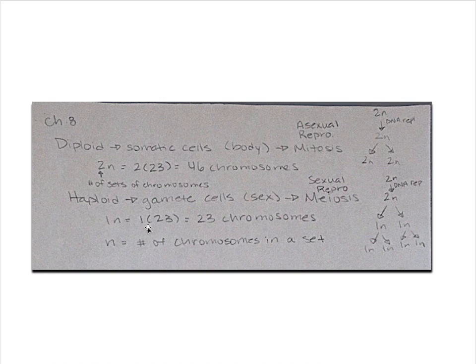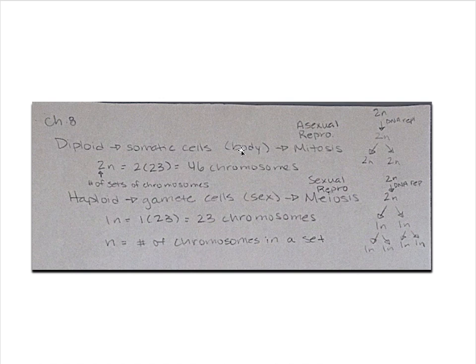So some definitions. Diploid cells are what's called your somatic cells. These somatic cells are your body cells, for example, your skin cells, your eye cells, your liver cells, your stomach cells.